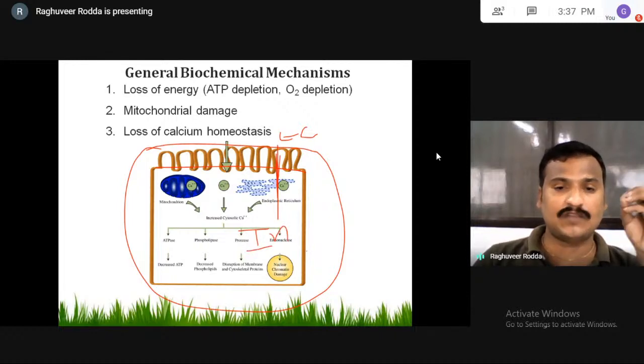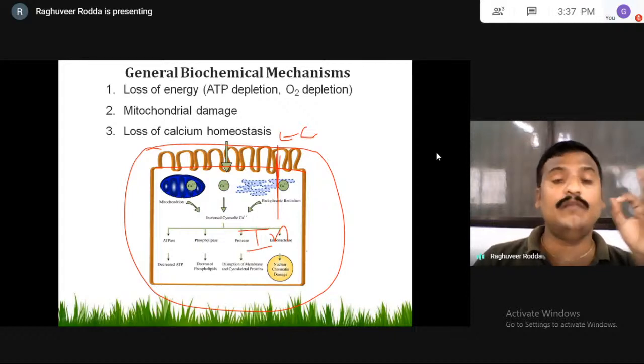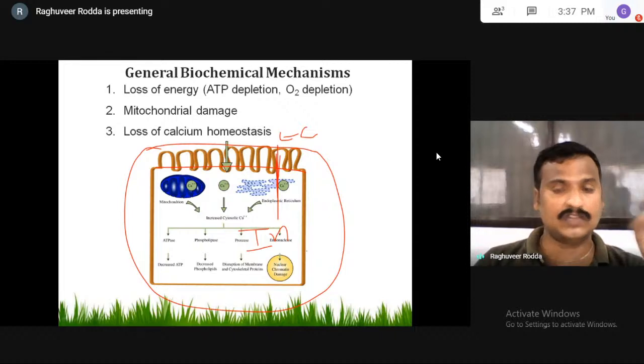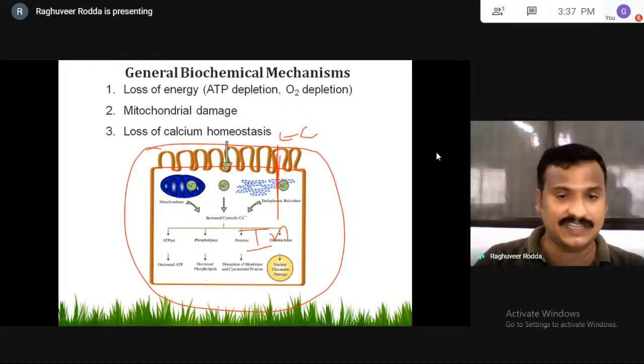Once the calcium comes into the intracellular location, it will initiate many intracellular functions which lead the cell towards a death condition, by activating ATPase.